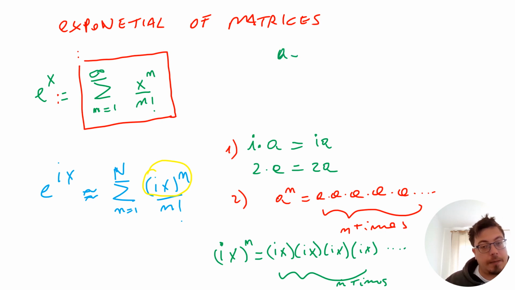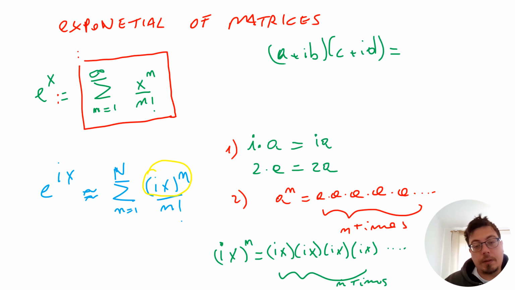If we have a plus ib times c plus id, these are two complex numbers, and this is ac minus bd plus i times ad plus cb.